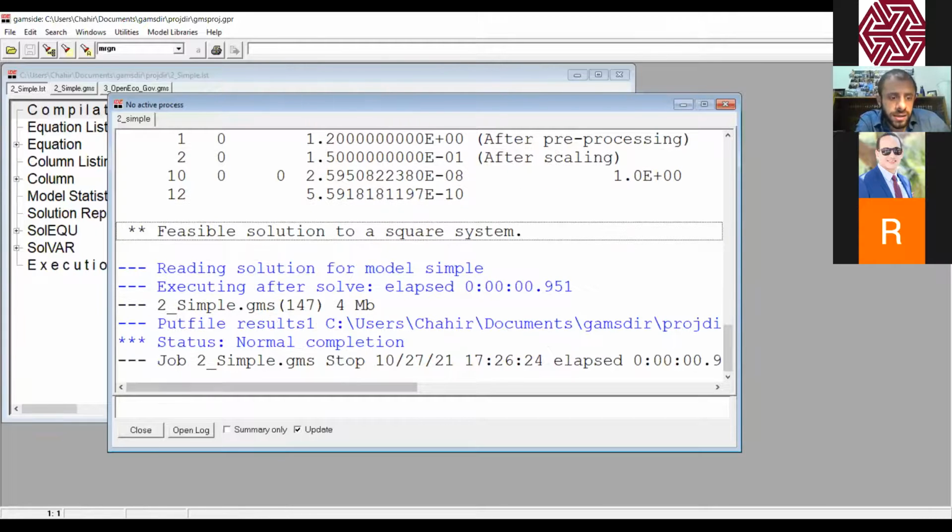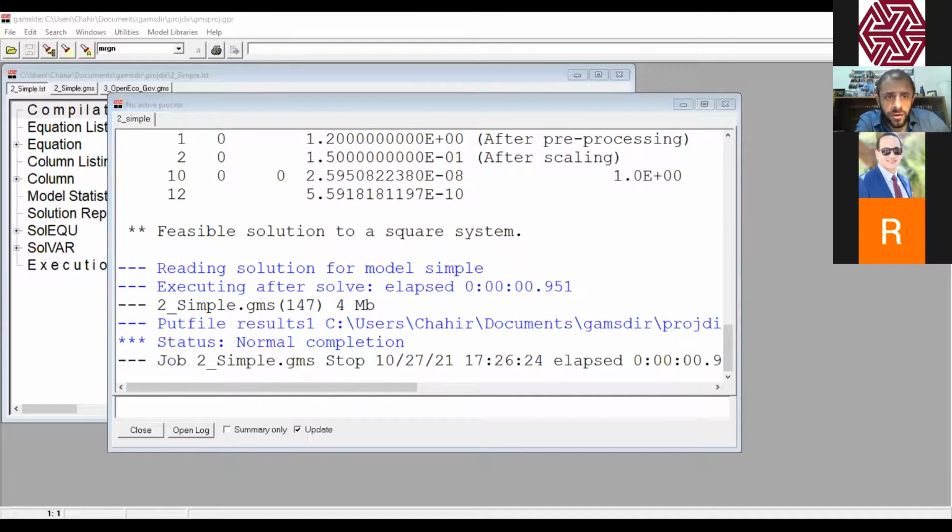Now we want to see the results that have been generated by the code. So now let's see the file. I will open it.